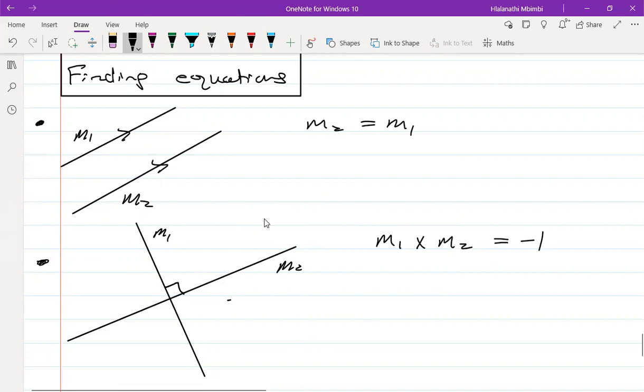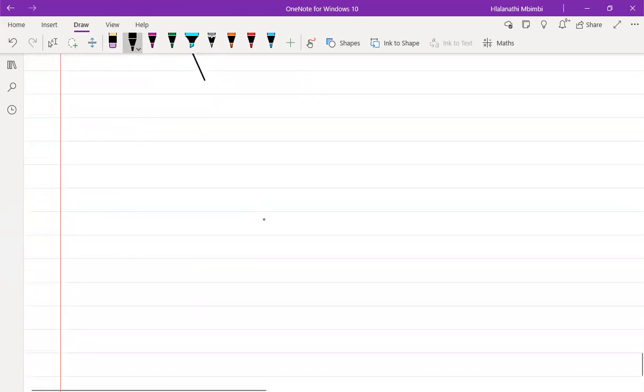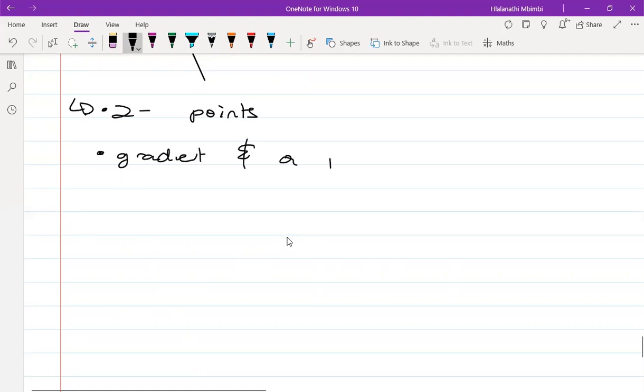Okay, cool. So now let's talk about finding equations of graphs. To find the equation of a graph, you need 2 points, or you can have a gradient and a point.